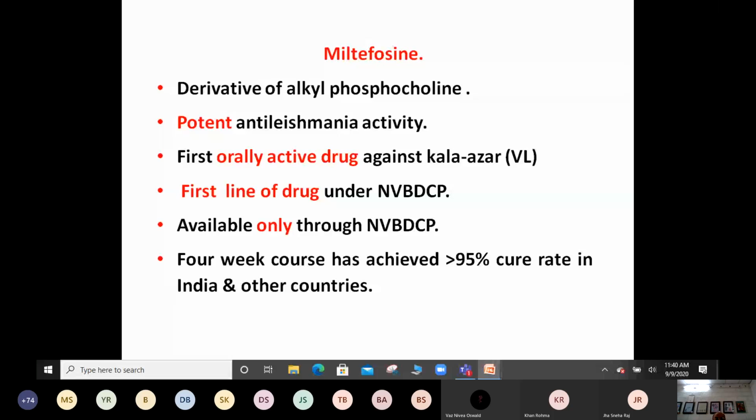And this drug is available only through that program. It is not available outside for prescription. Through that agency, the National Vector-Borne Disease Control Program, only it is available.